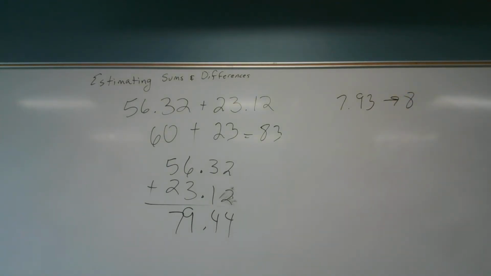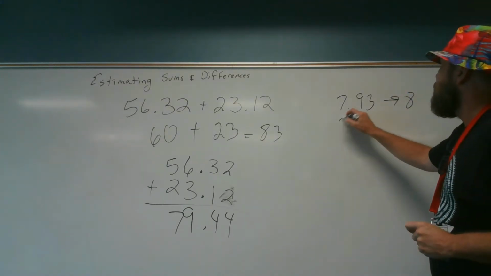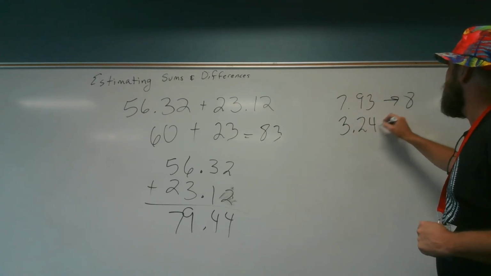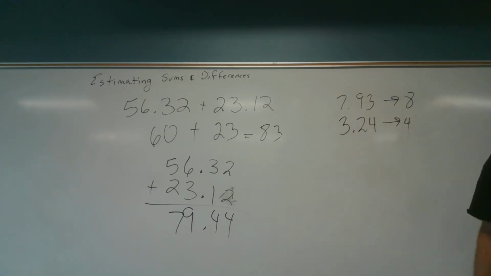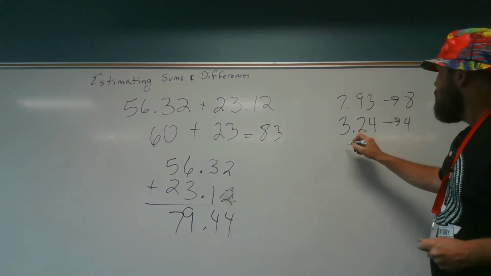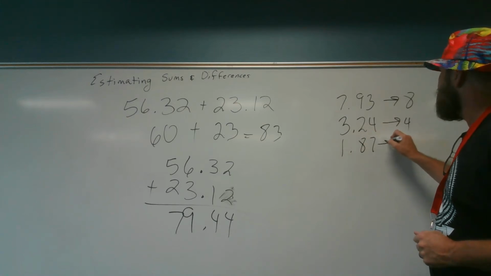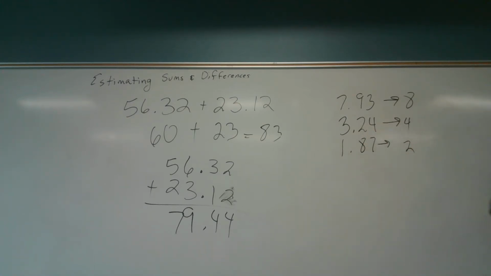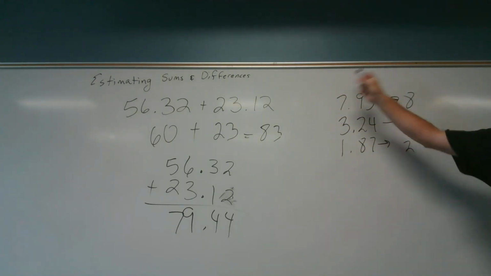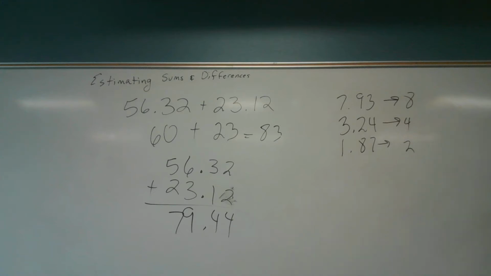I have a pair of socks that cost $3.24. I probably want to make that $4. I buy some underwear that cost $1.87. I'm going to say that's $2. Now my estimate is $14. Is the real price going to be more than or less than $14?